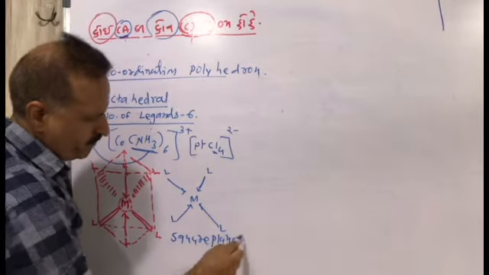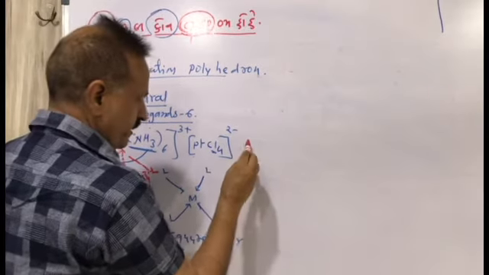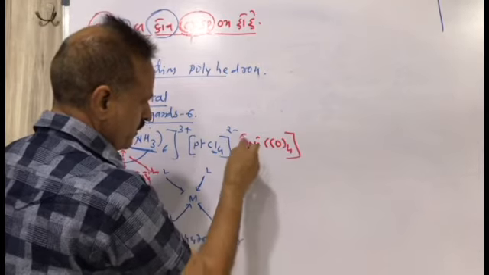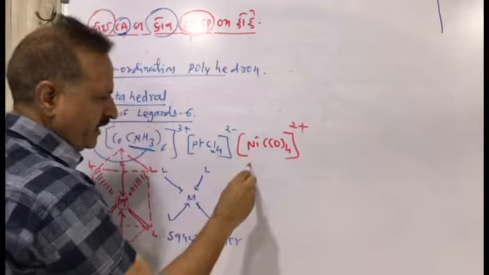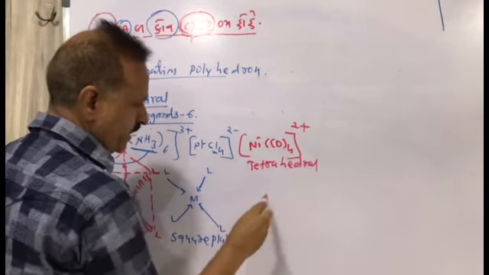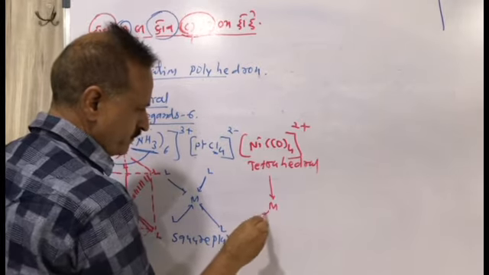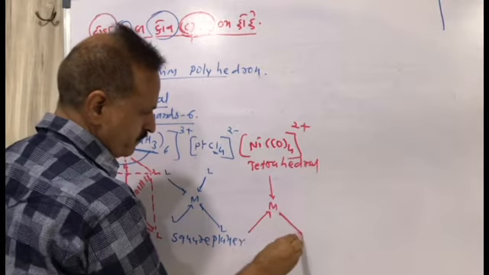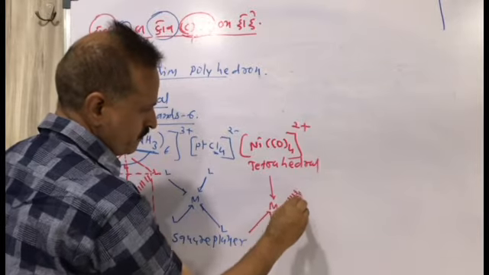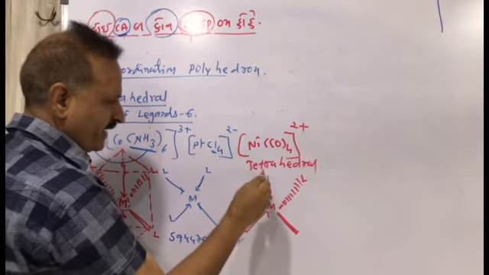If the number of ligands is 4, for example Ni(CO)4 2 plus, then it is tetrahedral. The shape will be tetrahedral. Metal ion, this shape will be tetrahedral.